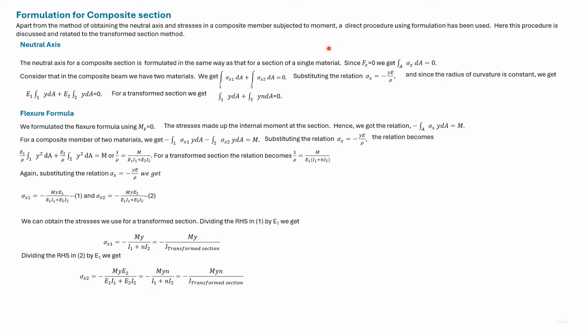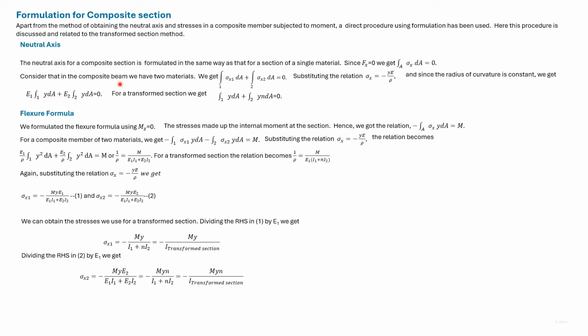We'll discuss this direct procedure of formulation and relate it to the transformed section method. To find the position of the neutral axis for a section of a single material, we use the equation Fx is equal to 0. This equation can be written as integral of sigma x dA over the area of the cross section is equal to 0.